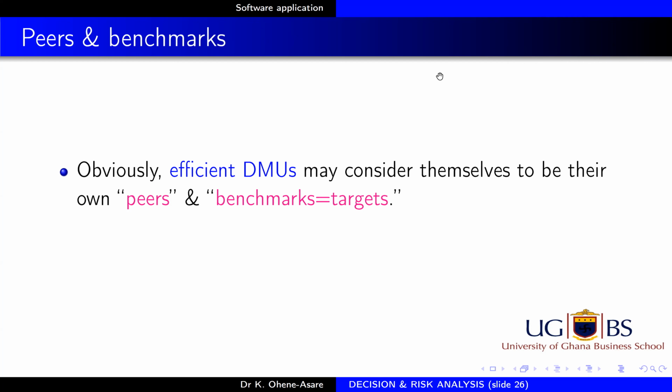So let me ask you, I think I told Diana to walk you through that. What is the difference between a peer and a target? Who can tell me? Okay, Stephen. I think all peers are fully efficient, but not all targets are fully efficient.